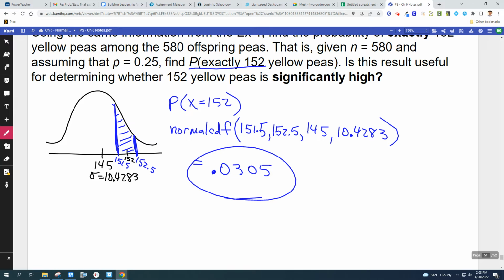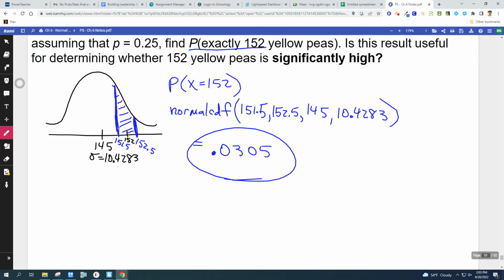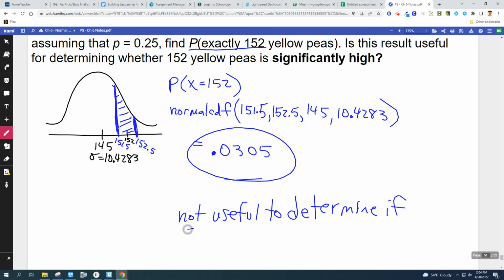I would have to do another calculation to tell for sure, but I would say not useful to determine if significantly high.